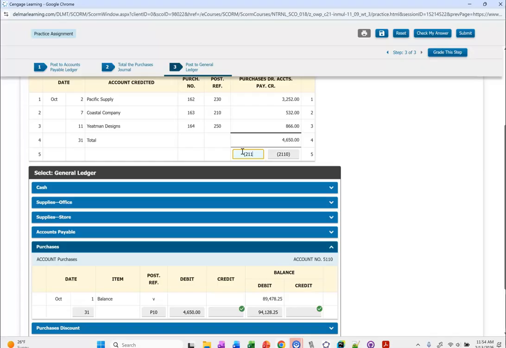Kaylin just told me that we have these in the wrong spot. So it must be the credit before debit.